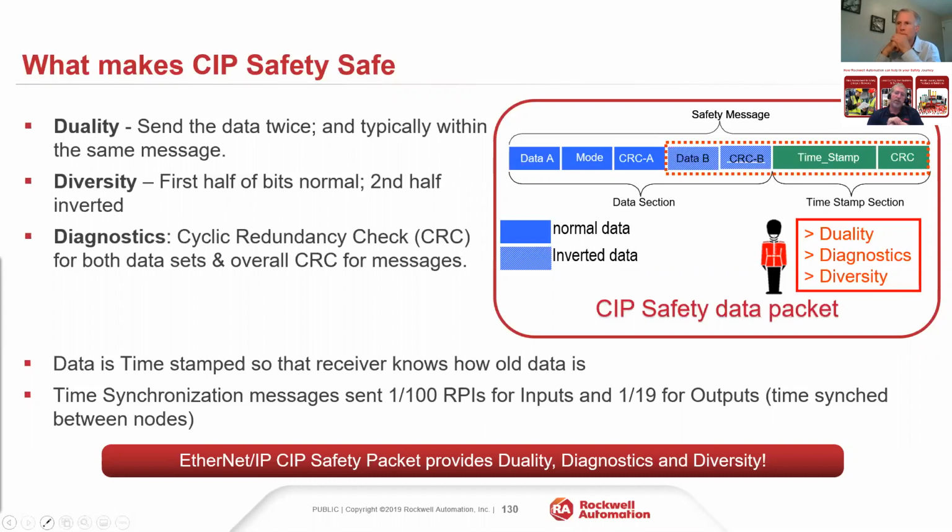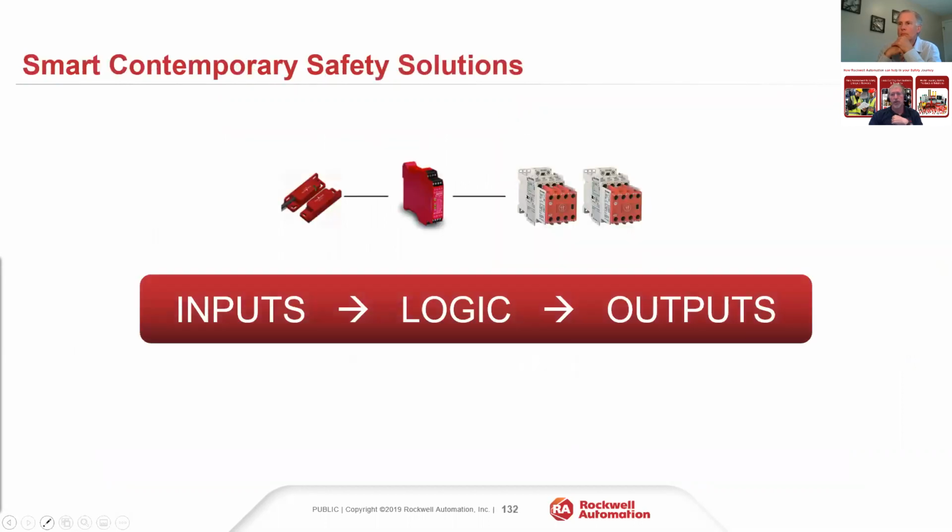We send it once the standard way and once inverted. That's the diversity. And then we also do checksums on each of those, and an overall checksum and a timestamp. That's all the diagnostic information. So that packet is what makes it safe. That's how it works. It provides the duality, diagnostics, and diversity, which is interpreted at each device.